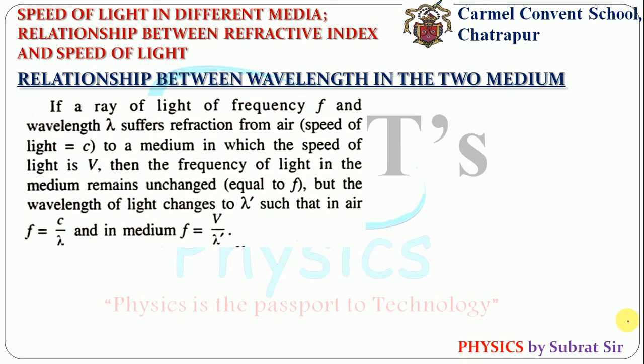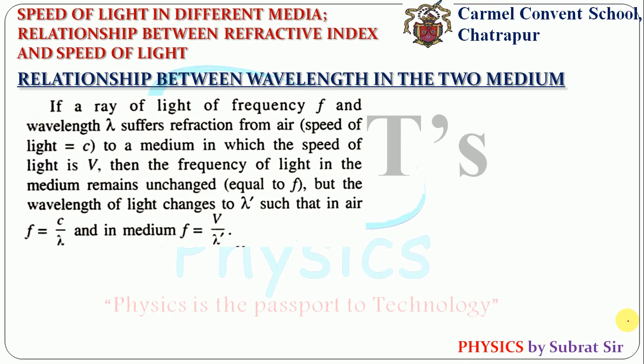If a ray of light of frequency f and wavelength lambda suffers refraction from air to a medium in which the speed of light is v, the speed of light in air is taken as c. We don't know what the medium is, so we take one medium with speed v.